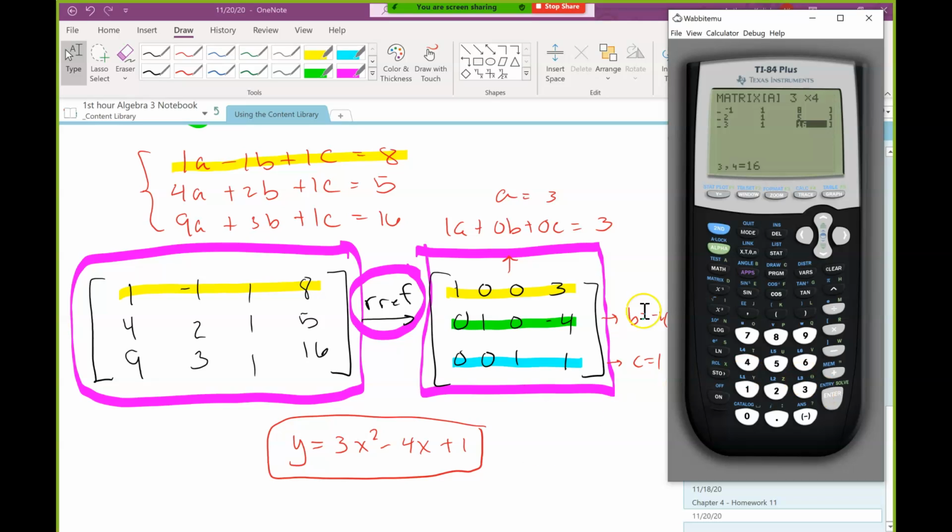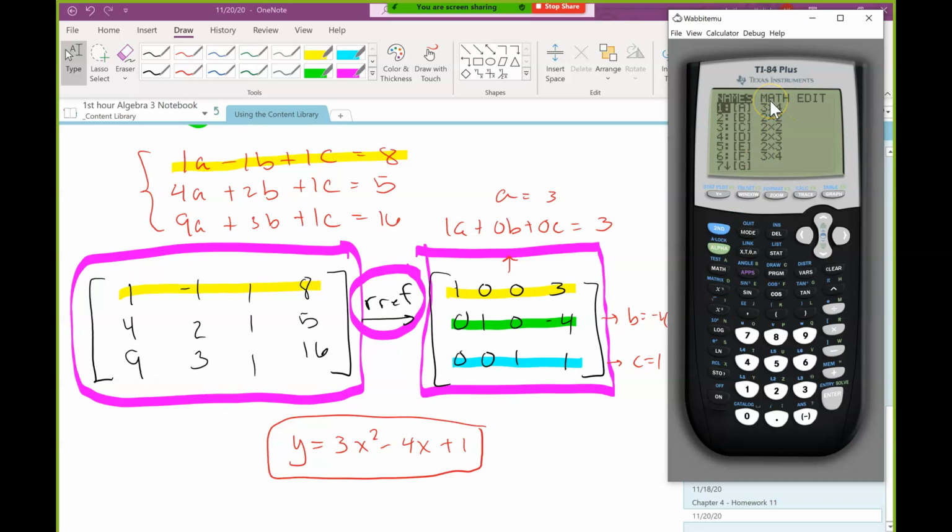Okay, very good. So what we'll do now is we'll exit back to the main screen of our calculator by pressing the second button and the mode button that's right next to it. Now what we need to do is go into our matrix menu and retrieve the command rref. So we do that by going back to the matrix menu by pressing second and the -1 button.